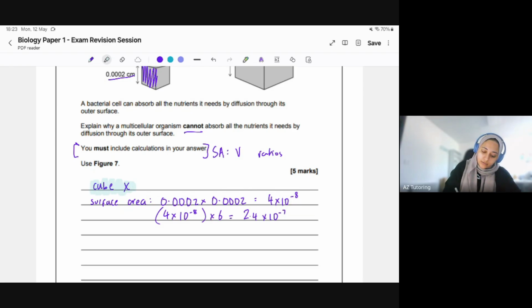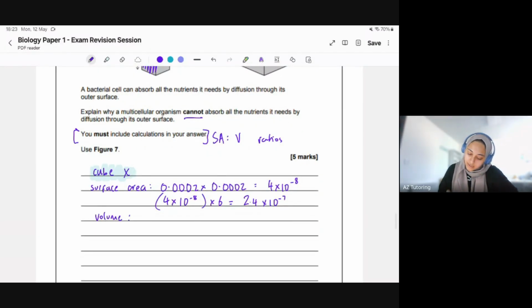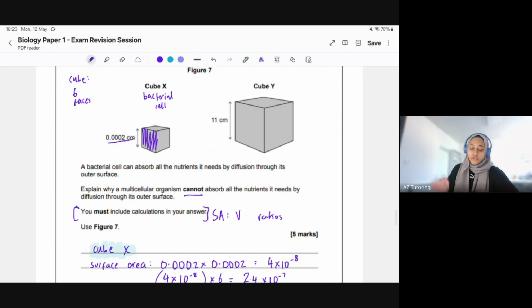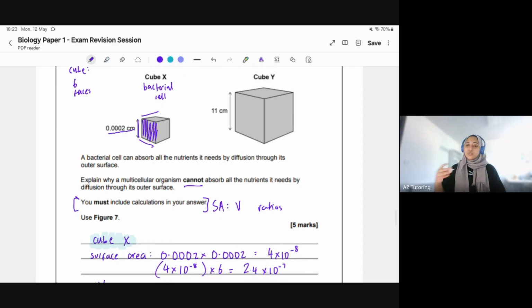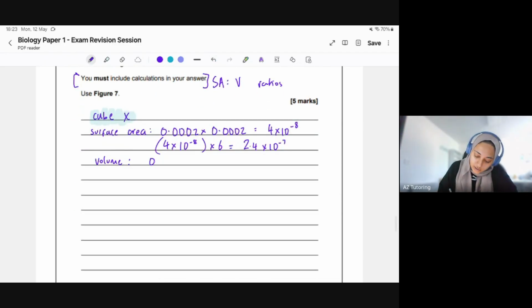I need to find the volume now. So the volume is, we just do length times height times width. So we're going to do this times this times this. So I'm doing 0.0002 times itself 3 times, so we can just say cubed basically. 0.0002 cubed gives me 8 times 10 to the minus 12.